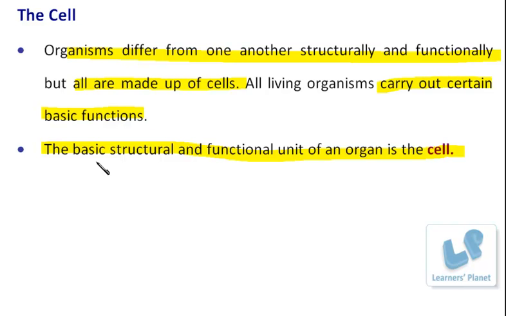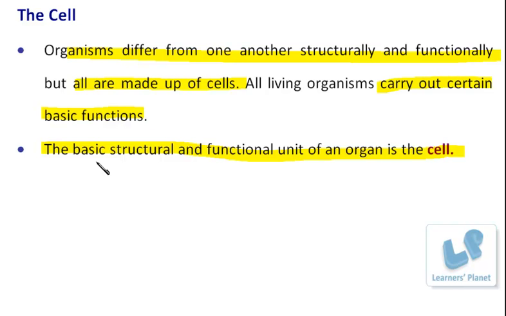It is this cell which is the site of various chemical reactions, and those chemical reactions are responsible for carrying out a particular function. For example, it should be very clear in your mind. See what happens when we breathe in.